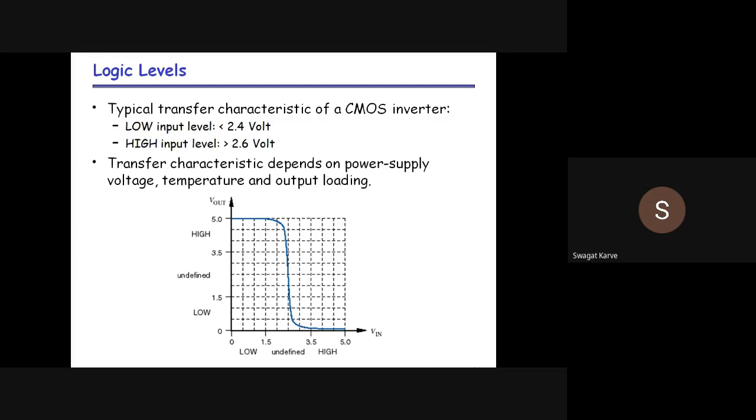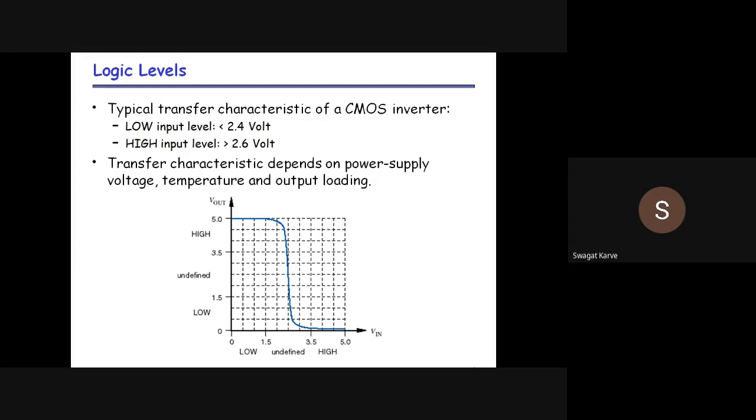Okay, and the figure shows the transfer characteristics, and it depends much on the power supply voltage, its temperature, and the load that you have connected at the output, that means output loading, which type of load you are using for your design.